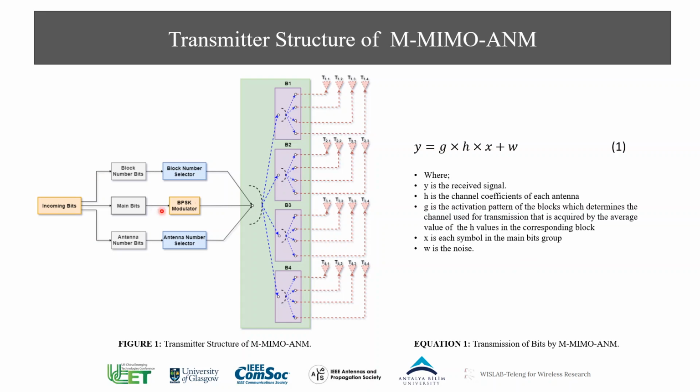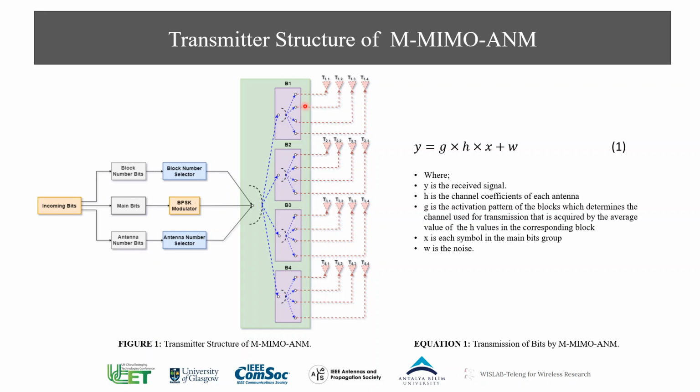After this, we are using a BPSK modulator to modulate the main bits group, and to send each element of the main bits group we are using block number bits to decide how many antenna blocks we are going to be activating, and we are using the antenna number bits group to decide how many antennas in each activated block will be activated.